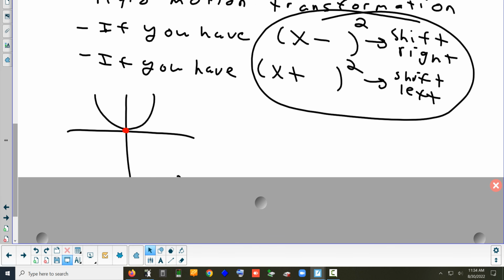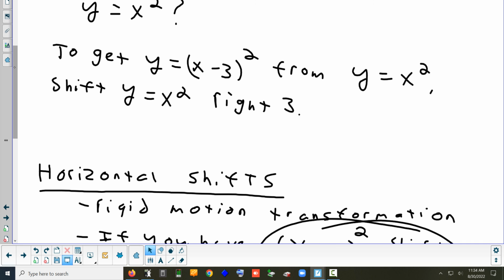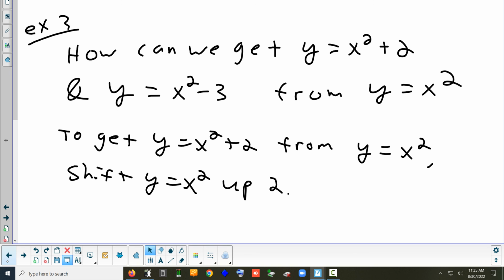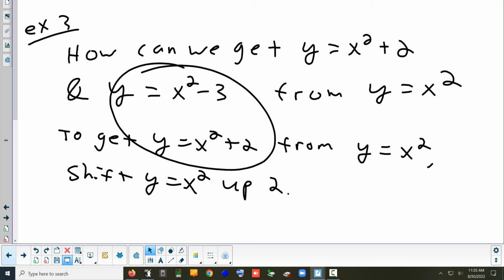You look at your problem and say, do I have a number inside parentheses with addition or subtraction? That's going to help you figure out the x value of your shifted vertex. Then, look at your problem and say, did I add or subtract anything on the end? That's going to help you find the y value.